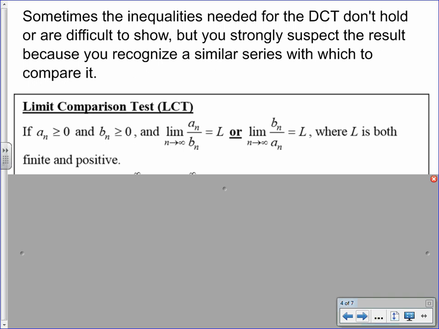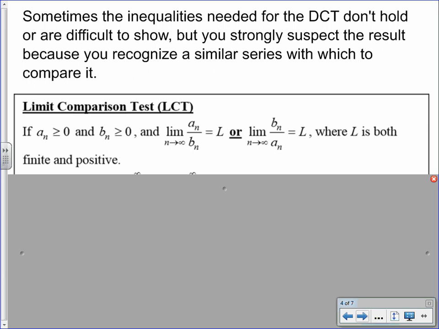So they're probably not going to be 0 because we're usually starting at 1 anyway. You can take whichever ratio, it's not going to matter. But the limit has to be finite and positive. So finite means not infinite. Positive means not negative, not 0.